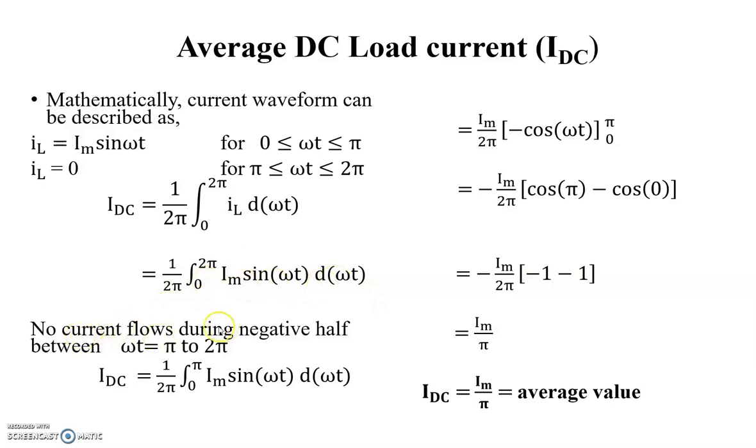No current flows in the negative half cycle, that means for omega t from pi to 2 pi it is 0, so you change the limit to 0 to pi only. Substitute this, integrate, and simplify, and you find IDC is equal to Im by pi. That is your average value.